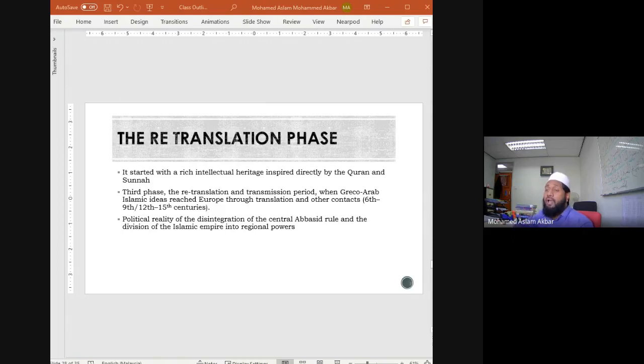Now let me give you five groups of scholars during the retranslation phase. The first group are those who rejected the entire Greek ideas. They said, no, we don't need these Greek ideas altogether, because we have the Quran and Sunnah. We have our scholars of fiqh and usul al-fiqh. There are many writings in aqidah, in tasawwuf and everything. So this is all good enough for us. You don't have to bring this Greek idea.